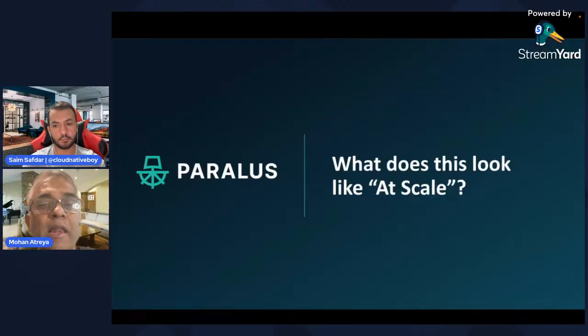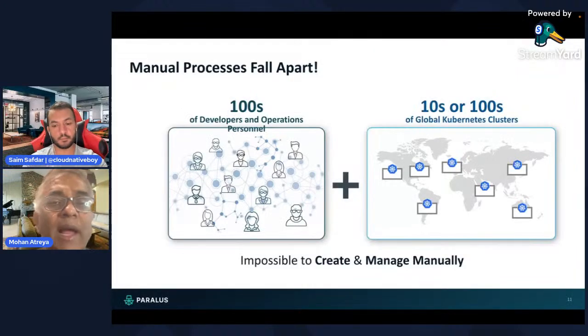But let's look at what happens at scale. Because no one's going to have just two or three clusters. People are going to have plenty. What people really have is tens or hundreds of Kubernetes clusters, maybe sometimes deployed across the world. And as your footprint grows and many, many applications are deployed, you typically have hundreds of developers and operations people, and not everyone needs everything.